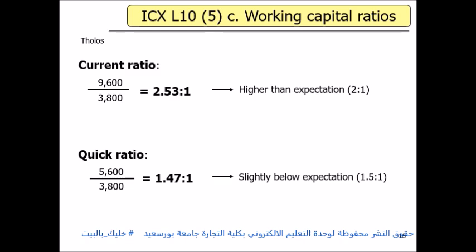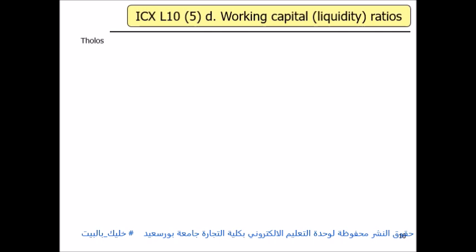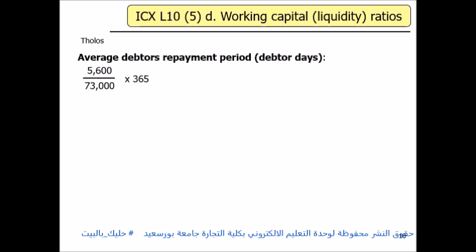And finally, he requires the working capital or the liquidity ratios. If you remember, we have three ratios in the liquidity ratios. The first ratio is the average debtors repayment period, which is equal to closing receivables divided by sales multiplied by 365, and it's higher than expectations.